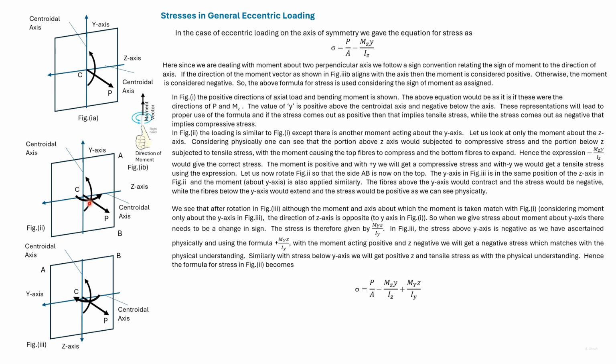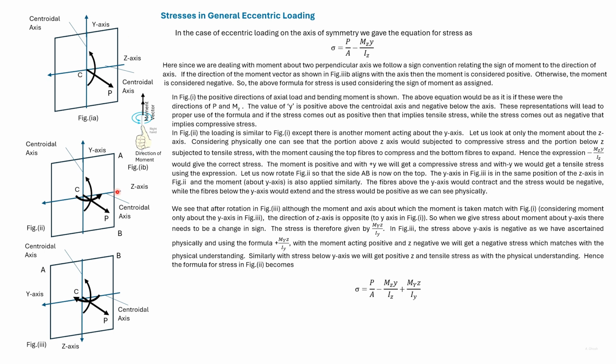In this figure, we have added another moment about the y-axis. Now let us rotate this figure by 90 degrees counterclockwise. So AB, which was on the side, is now on the top. Now let us compare the moment about the y-axis to the moment here.